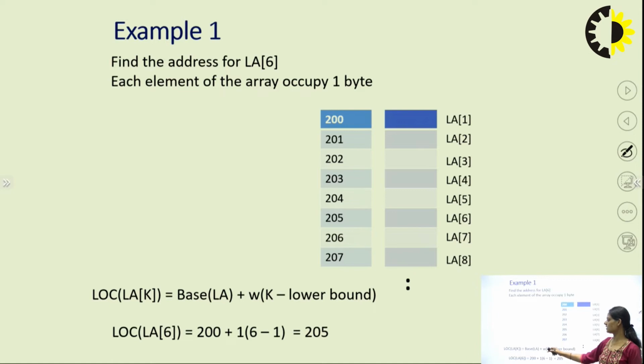K is the kth value that we want to find. So we want to find the 6th index. So 6 is the value of K, minus the lower bound, that is the starting index. The starting index over here is 1, as we can see from the figure. So it evaluates to 205. So this is example number 1 for finding the address.